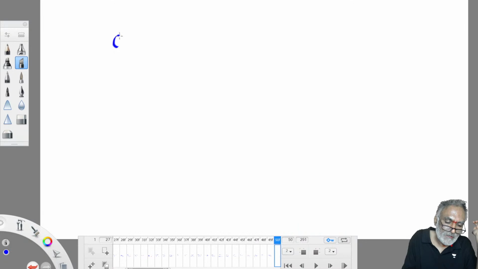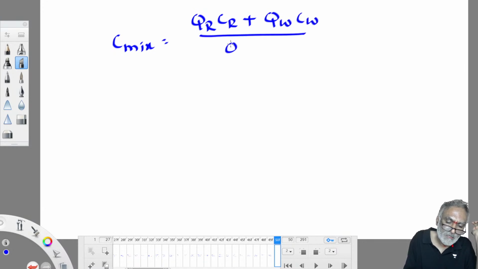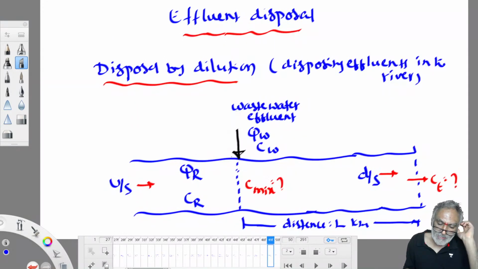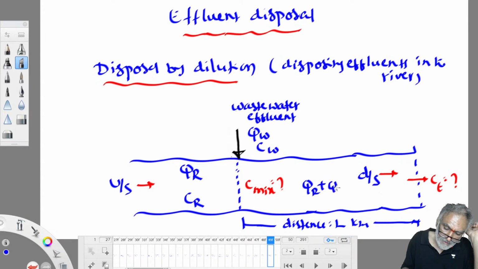So that C mix value you can work out by using the mix formula: QR into CR plus QW into CW by QR plus QW. Mass flow in is equal to mass flow out. What is flowing on the downstream side? QR plus QW flowing on the downstream side with concentration C mix.